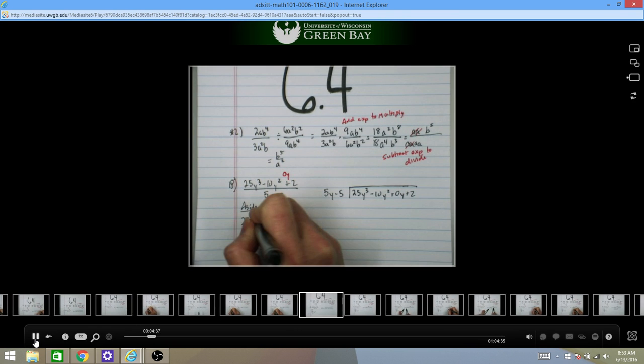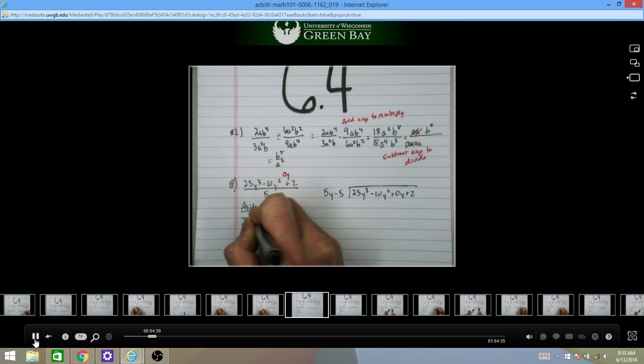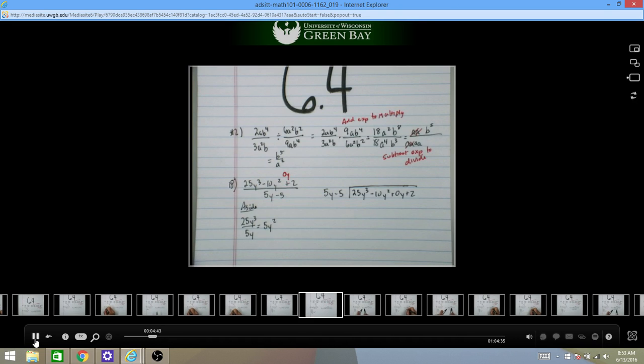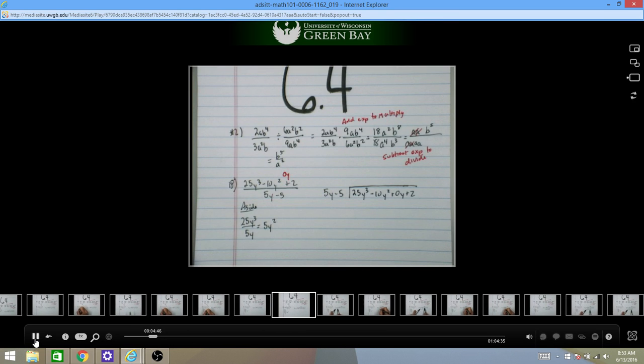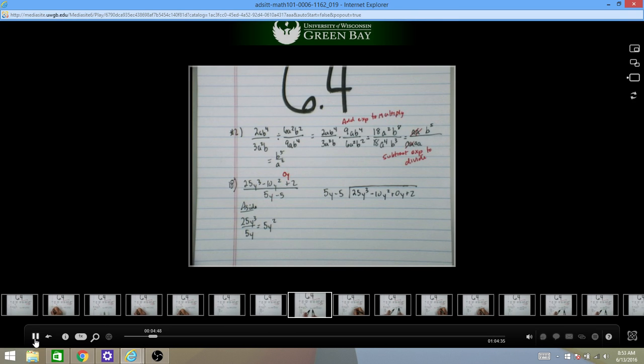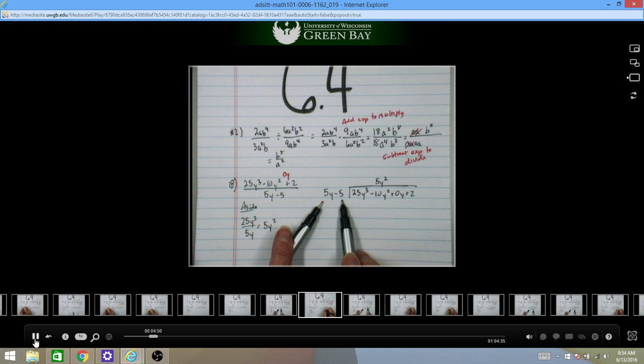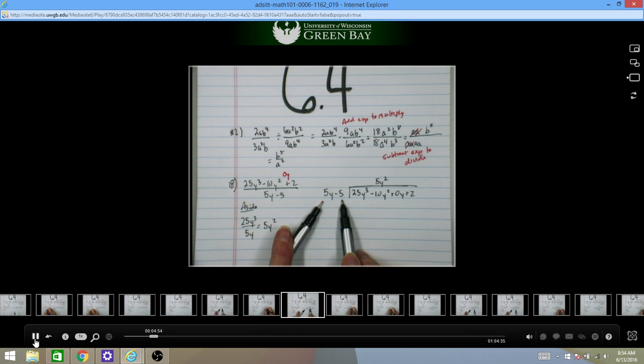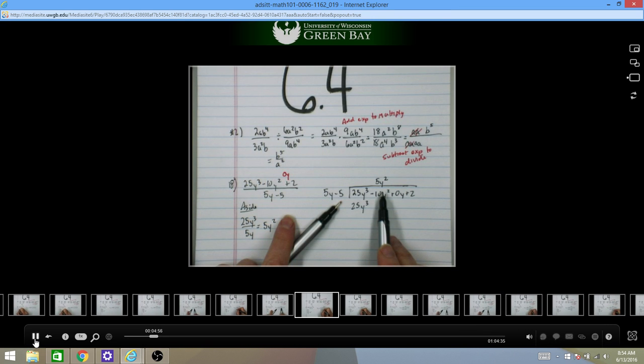So that's 5y squared. So we'll put 5y squared in our answer. And then we take the 5y squared times each of these terms. So 5y squared times 5y is 25y cubed. And 5y squared times negative 5 is negative 25y squared.